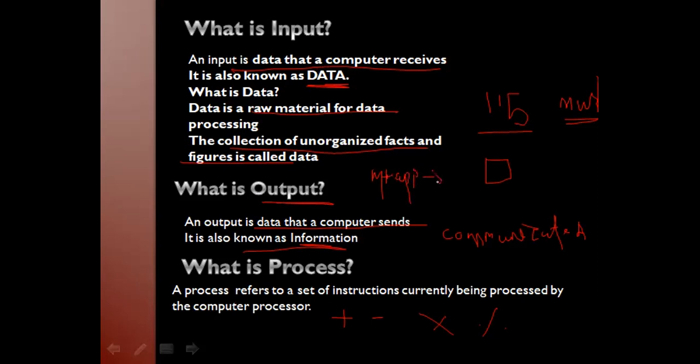Then we need a grinder, that is a mixer. And then we get the juice. In that way, a computer also processes the data and gives us information.